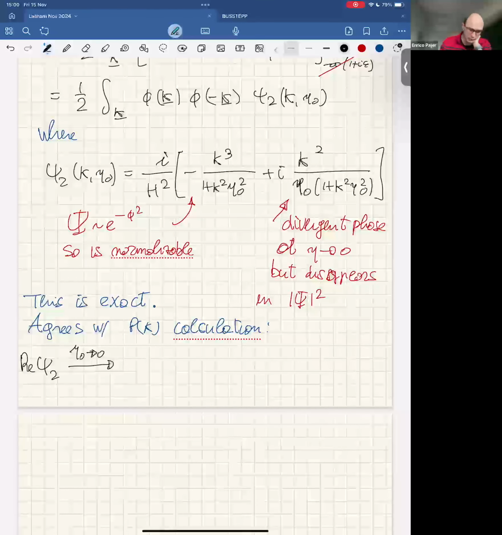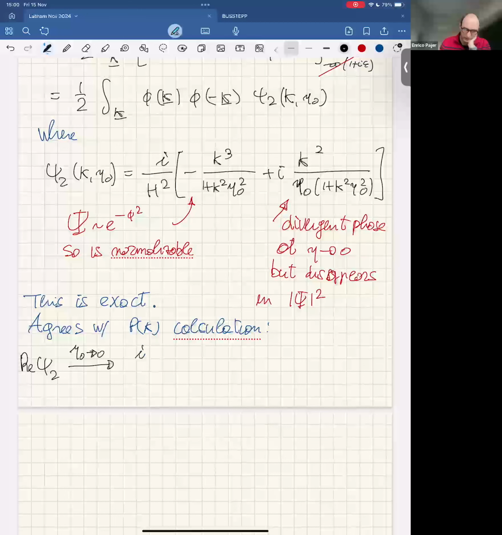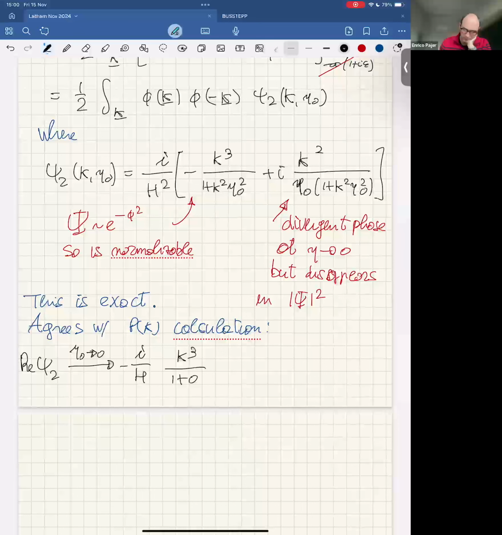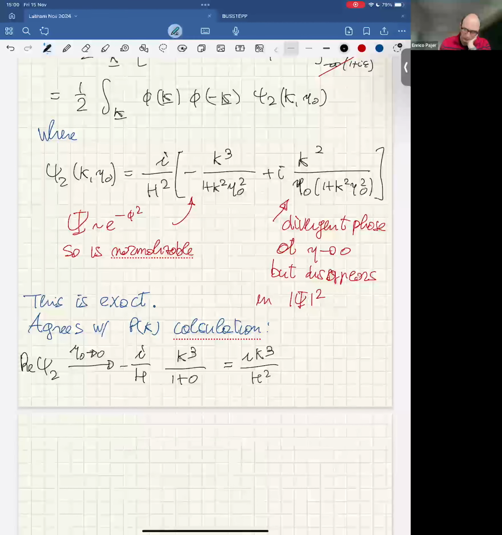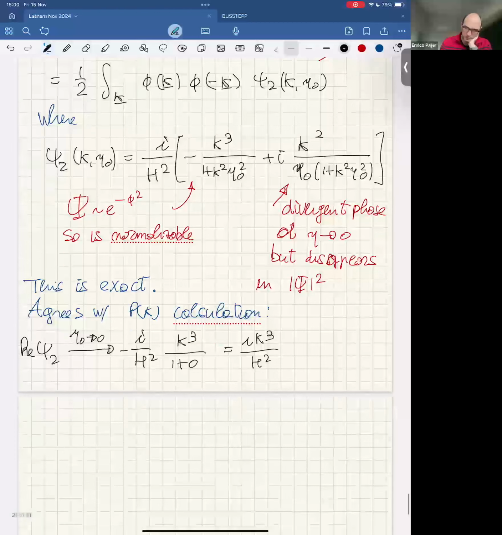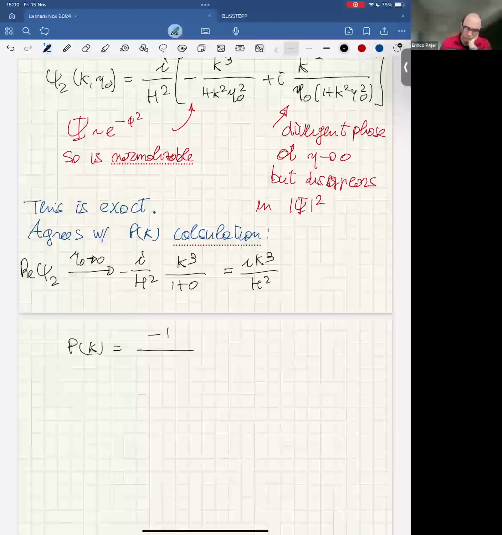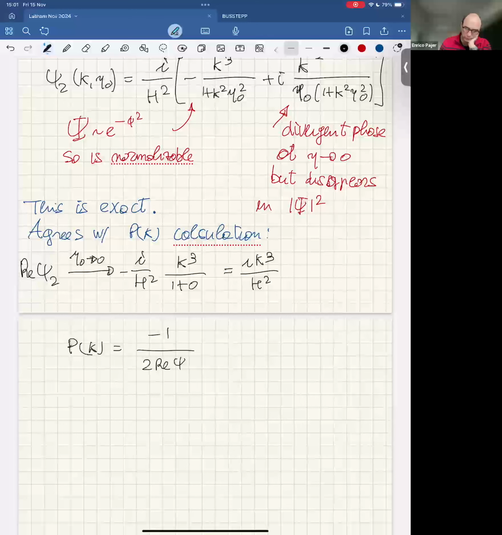And if we only care about the real part of this, this is minus k cubed over h squared over 1 plus 0. And indeed, we had written that the formula for the power spectrum is minus 1 over twice the real part of psi.